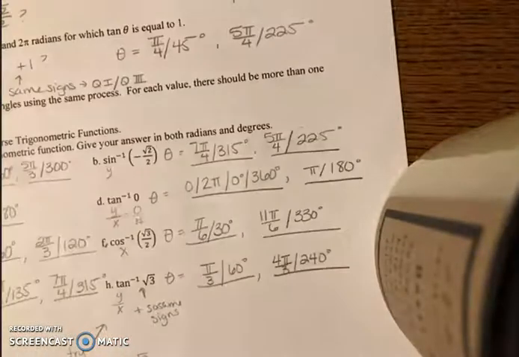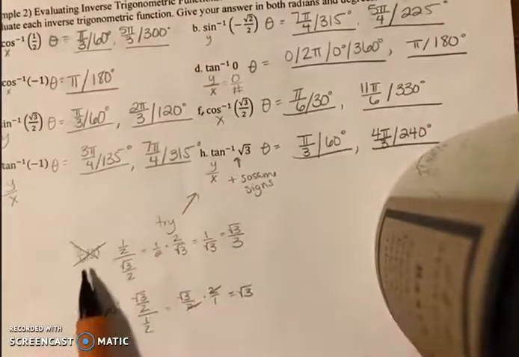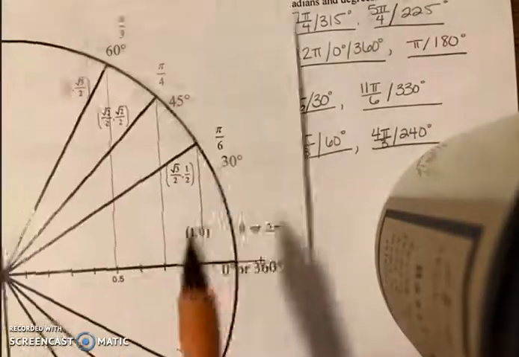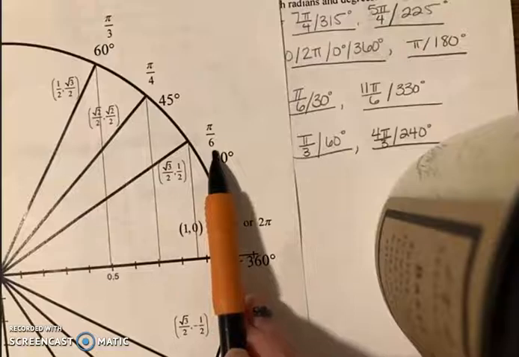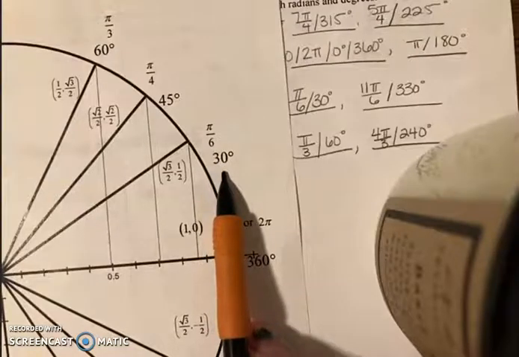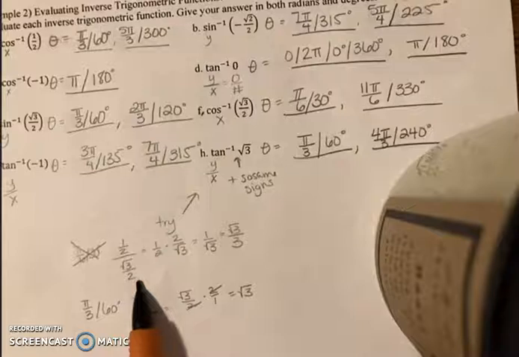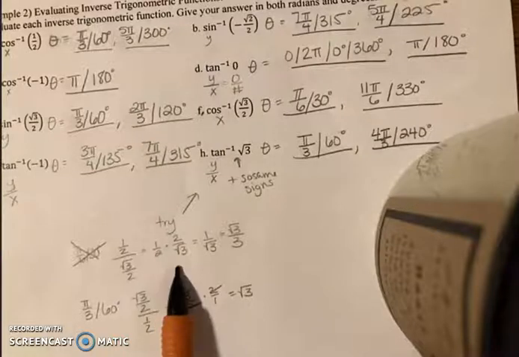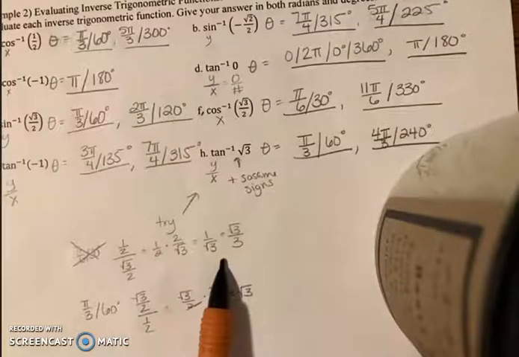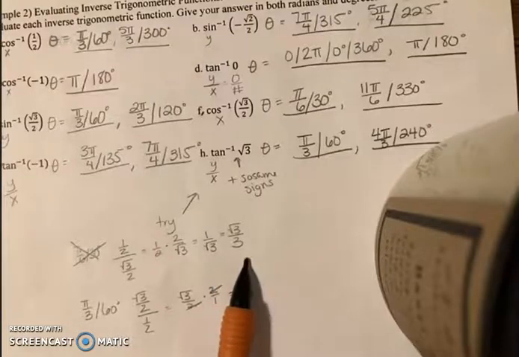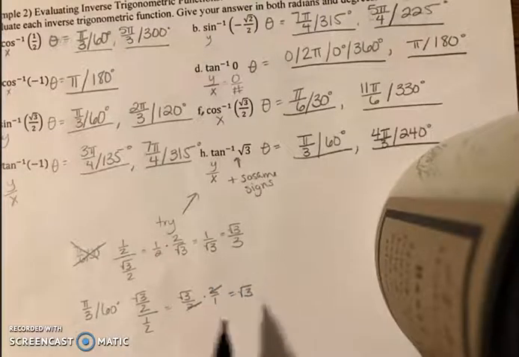So the first thing that I did was I just tried solving for y over x. You can see that here. The first one I tried is I looked at the pi over 6, or 30 degrees. So y divided by x is 1/2 divided by root 3 over 2, which you can see here. I did keep, change, flip, and ended up with 1 over the square root of 3, which I had to rationalize, and it didn't give me just a root 3.